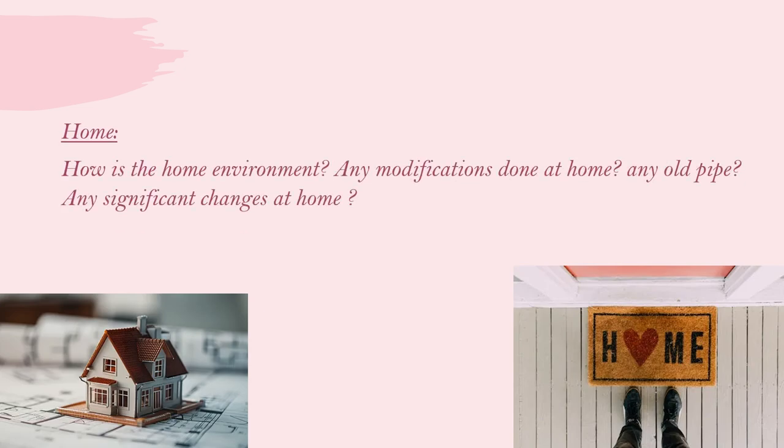And ask how the environment at home is, whether it's stressful or not, and any modifications done at home. Is there any developmental regression or delay? You can ask if there are any old pipes or new pipes for lead poisoning, any significant changes at home, any stressful events at home.